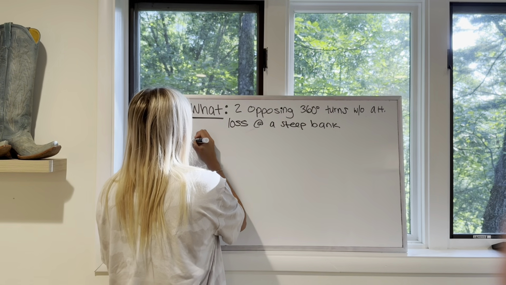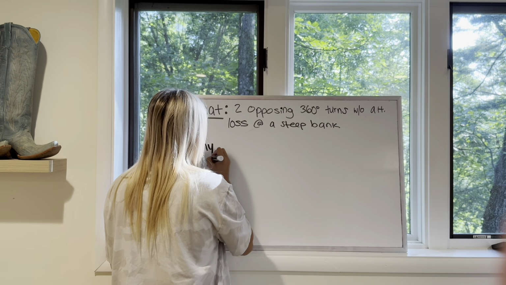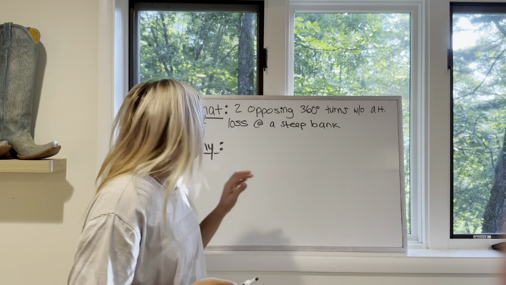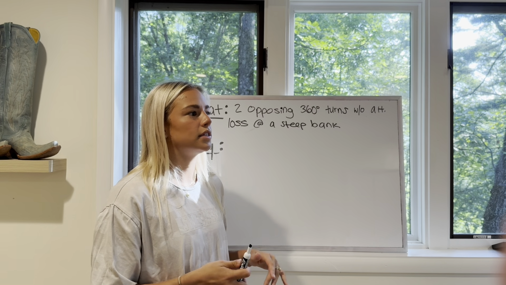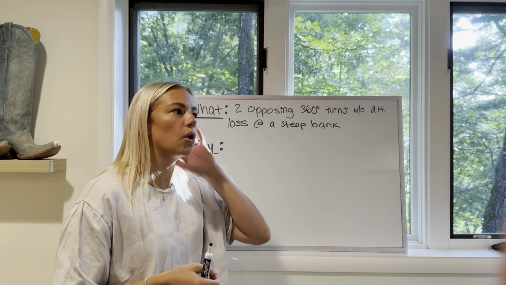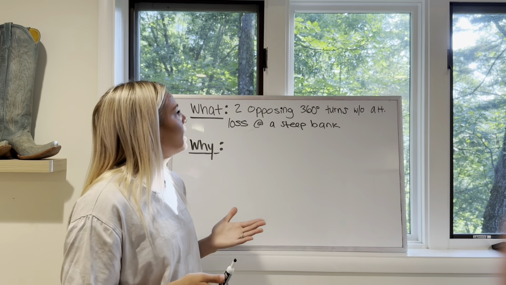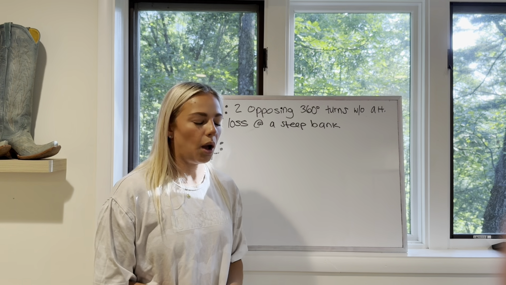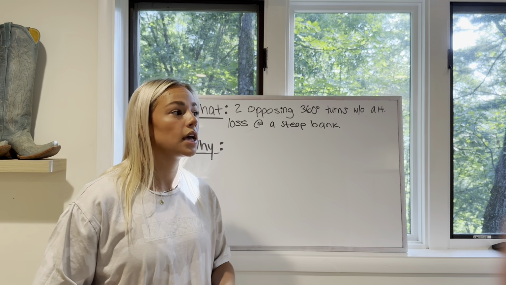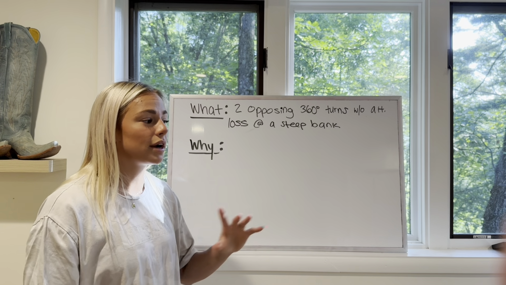So now we get into the why we're doing it. So my first why for every maneuver is if it were to happen in real life. So, I mean, anything could happen in real life when we're flying, especially because things come out of nowhere, things happen unexpectedly.